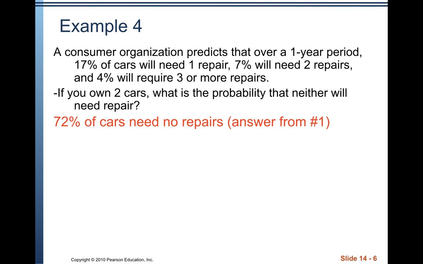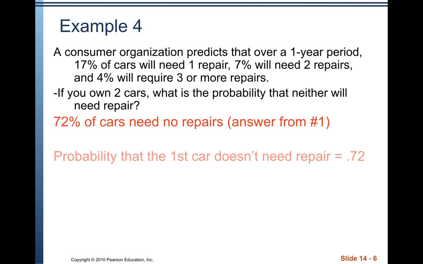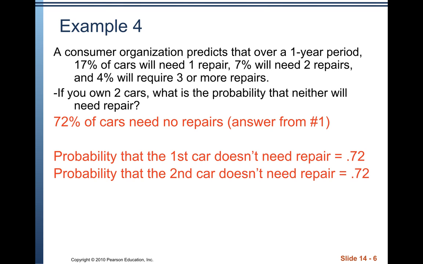So we know that 72% of cars need no repairs. That was our first question. We figured out that 72% of cars need no repairs. So we know that the probability that the first car doesn't need a repair is 72%. I also know that the probability that the second car doesn't need repair is 72%.